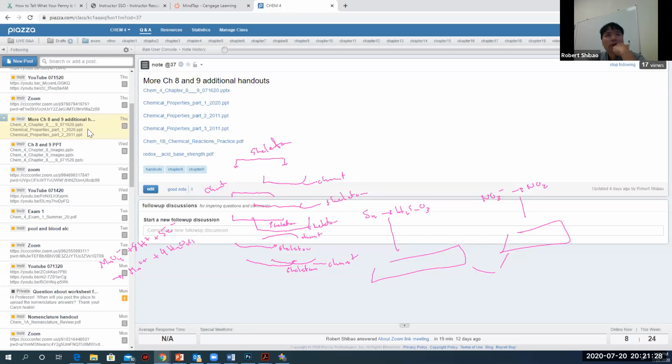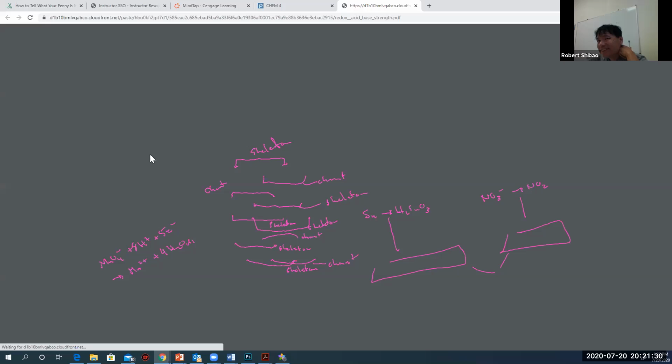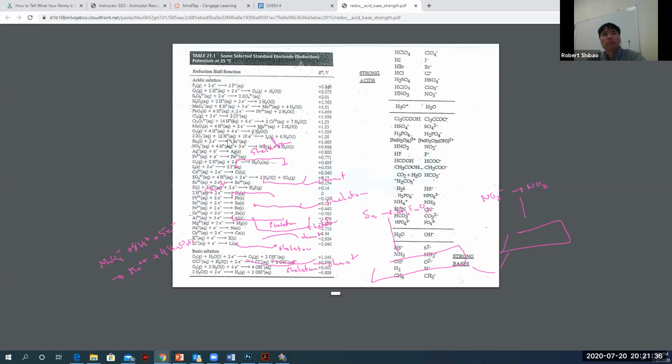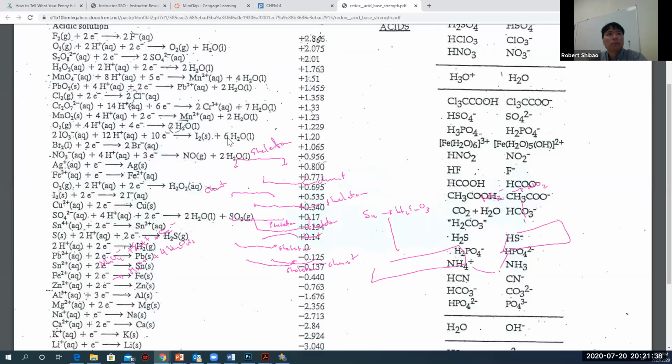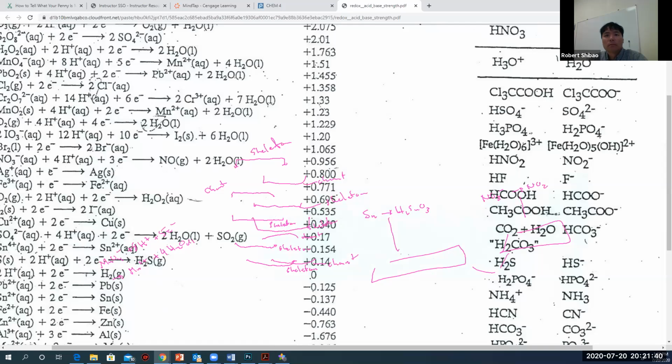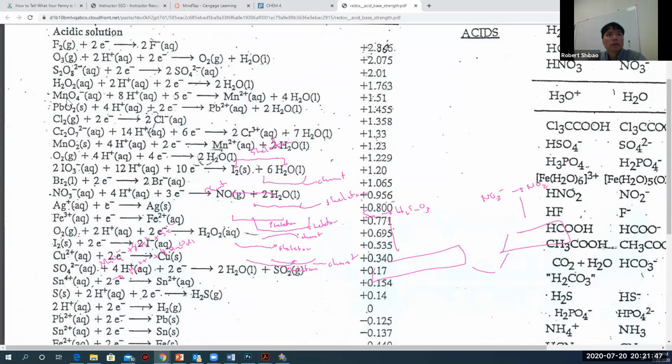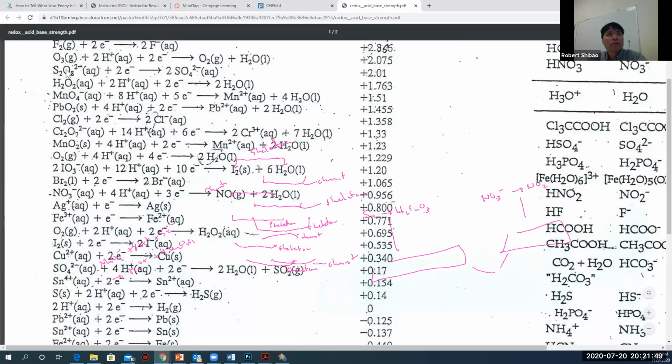The chart you should use is on Piazza. This one. Permanganate's a top 5 oxidizer here. It's a very powerful oxidizer. Manganese is in +7.